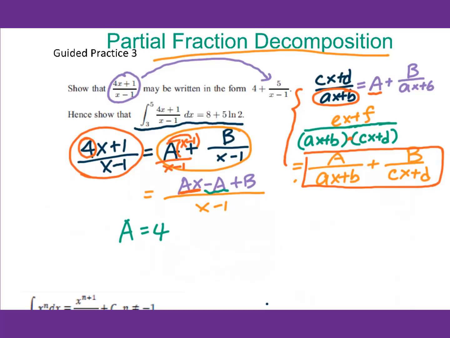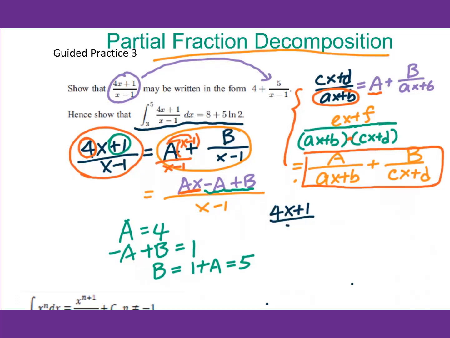And negative a plus b equals positive 1. So b equals 1 plus a, that is 5. In other words, we can get (4x plus 1) over (x minus 1) equals a plus b over (x minus 1).